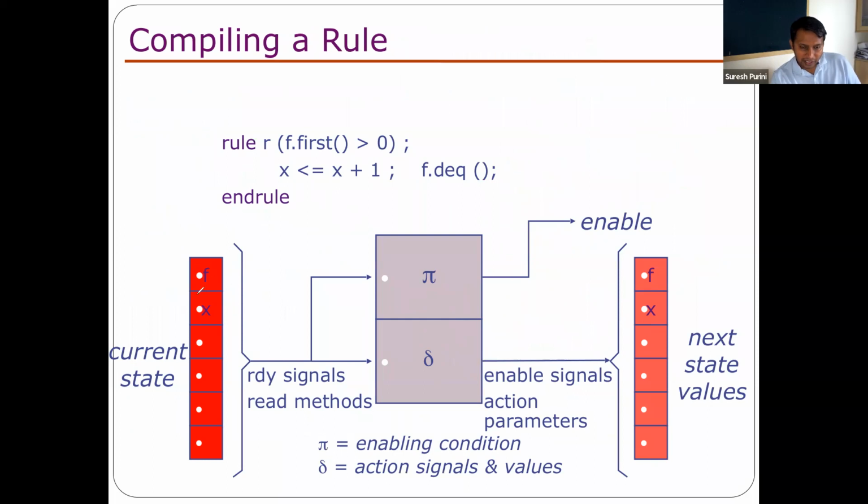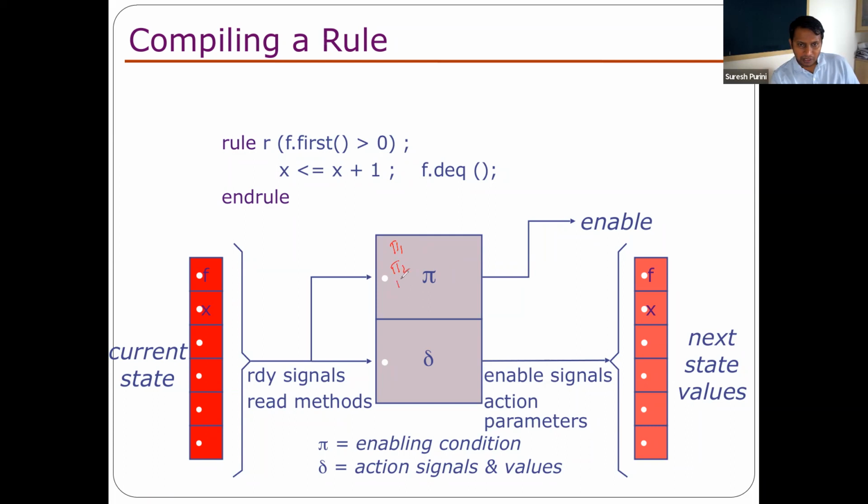This is the current state of the system, and this current state is fed to this predicate, this pi. So here, this is pi1.